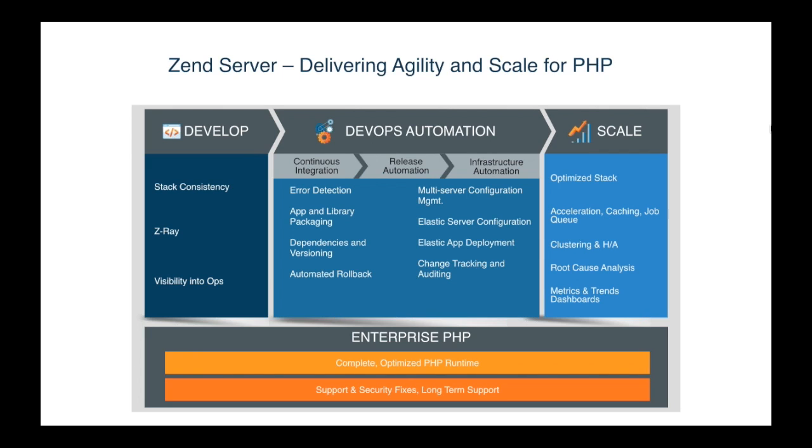As we see on this slide, the main value of Zend Server breaks down into the four categories shown here. That's development, developer operations automation, scalability, and enterprise PHP runtime.